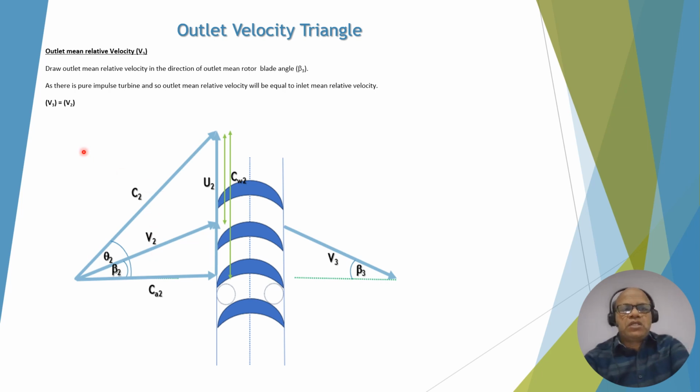Now we need to draw the outlet velocity triangle. So for the outlet mean relative velocity, we have to draw V3 with the outlet blade angle. So this is V3, which is drawn at beta 3, which is the blade angle. Since this is an impulse turbine, pure impulse, there is no reaction. That means V3 is equal to V2, as the cross section areas here are the same.